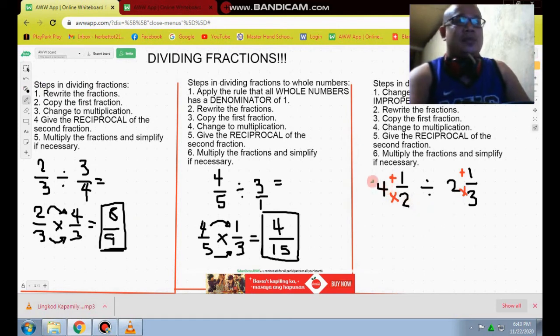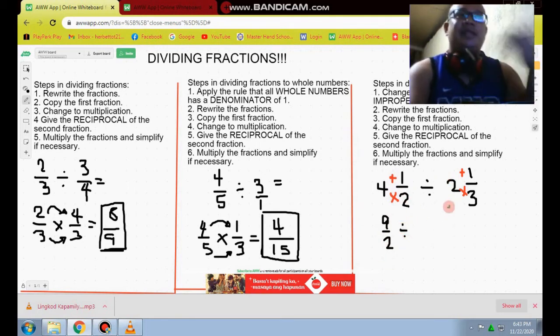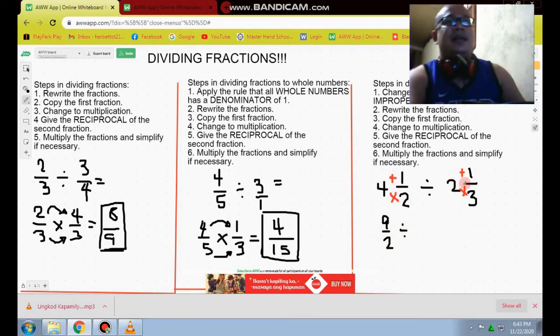So 4 times 2 is 8 plus 1 is we have 9. Then copy the denominator, which is 2, and then divide. So divide pa tayo, class, no? Kasi nag-change pa lang tayo into improper fractions. Okay, so 3 times 2 is we have 6 plus 1 is 7. Then copy the denominator.